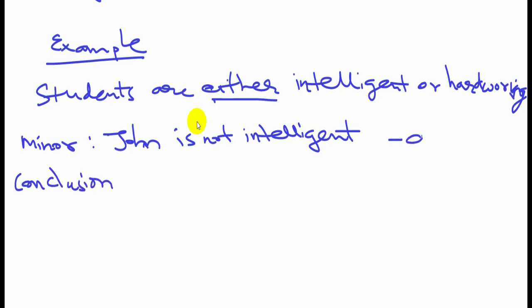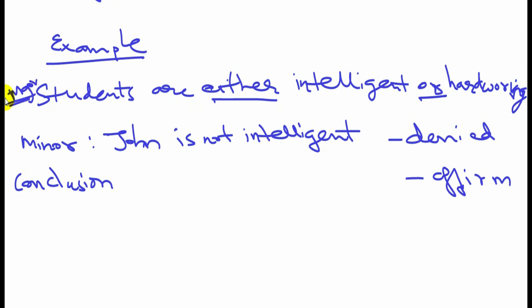Here it has been denied, so the conclusion will affirm the other, because it's an "or" statement. The major premise is a disjunctive proposition. So, if John is not intelligent, then John is hardworking.